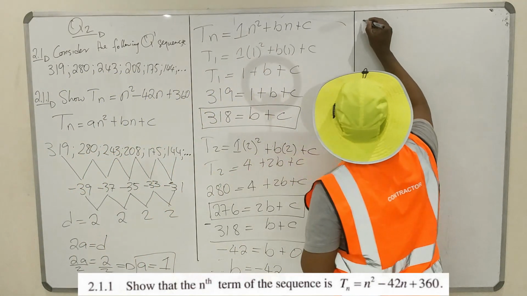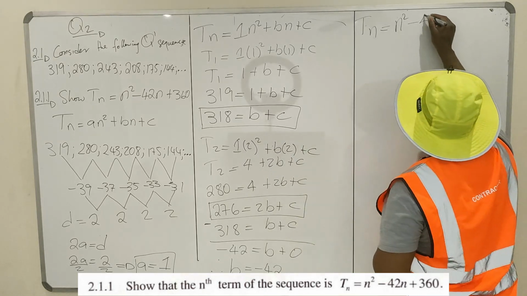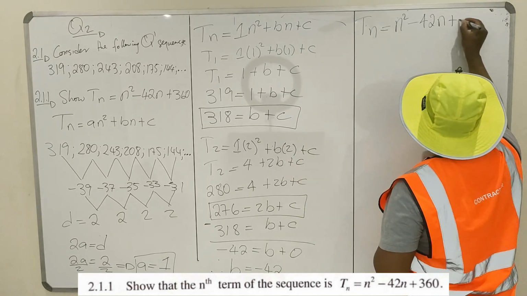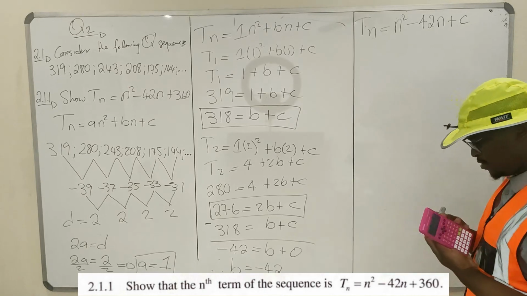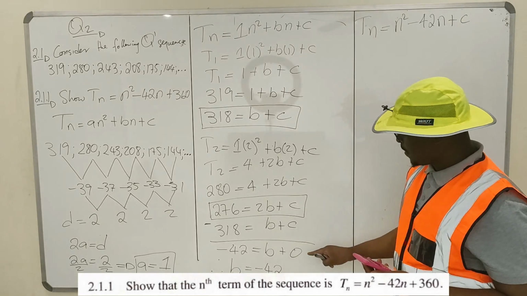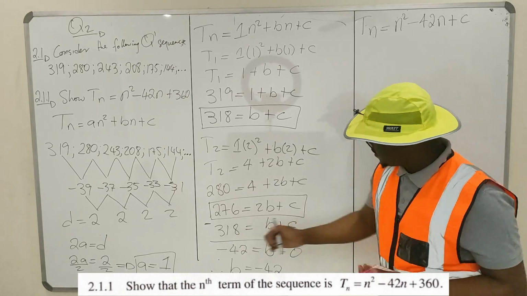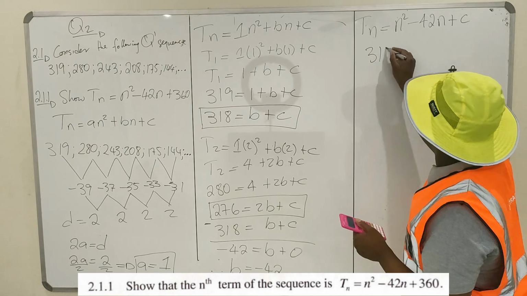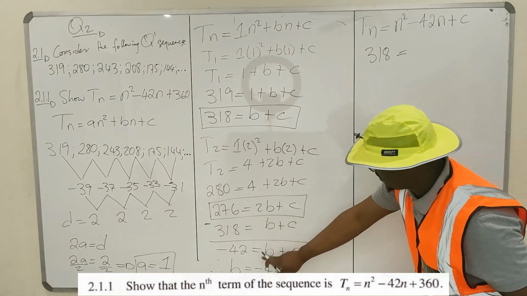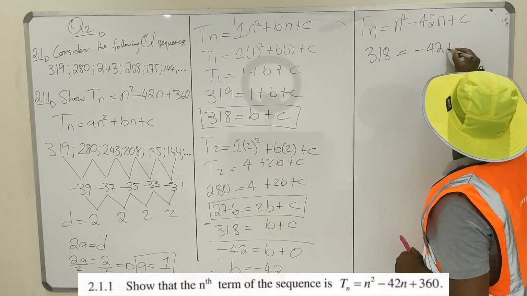So you can say, okay, my Tn is equal to n squared minus 42n plus c. You're only missing c. To find c, you can use any of the equations, right? So you can use this one: 318 is equal to b, which is minus 42, plus c.